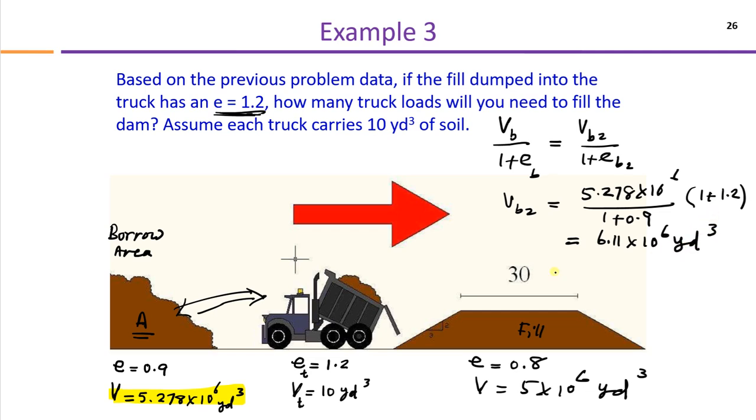So it means the volume we have to excavate from the borrow pit is going to be 5.278 million cubic yard, but the volume that the truck is going to carry is going to be 6.11 million, and when it is compacted it will become 5 million cubic yard, because the soil in the truck is going to be less dense. That's why we need more volume in the truck to be carried out.